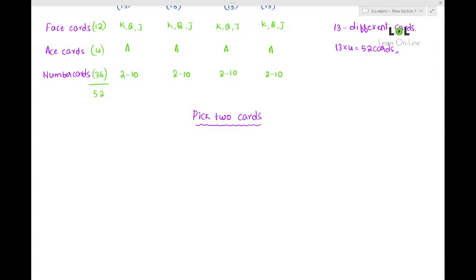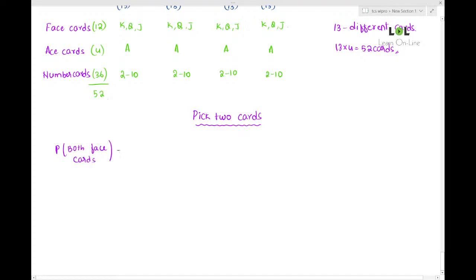What will be the total number of cases picking 2 cards out of 52 cards? 52C2. Perfect. Suppose I ask you, what is the probability of getting both face cards?